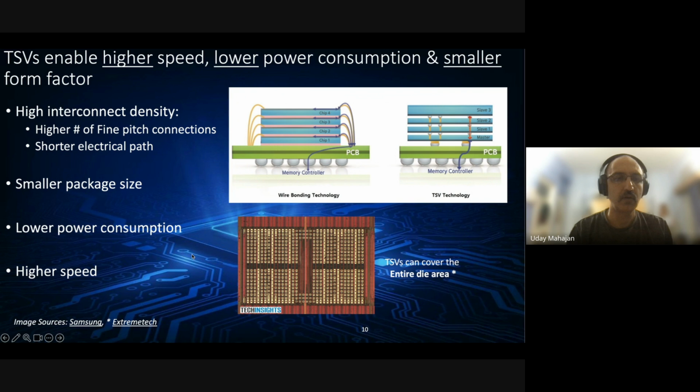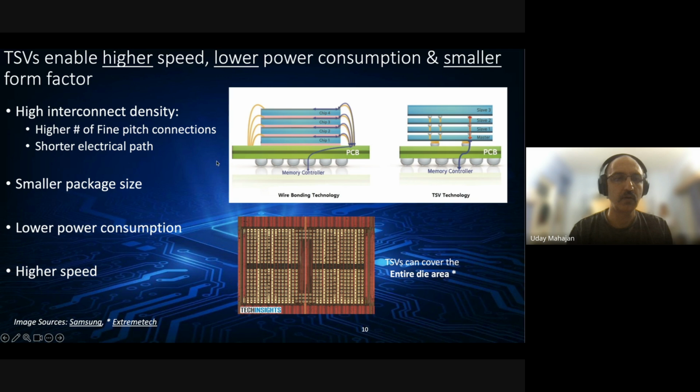So how do TSVs help here? They enable higher speed, lower power consumption, and a smaller form factor. So first and foremost, you can get extremely high interconnect density with through silicon vias. You can have a very, very high number of fine pitch connections and a shorter electrical path, as you can see on the image at the top right, where you have DRAM stacked using wire bonding versus DRAM stacked and interconnected through silicon vias.